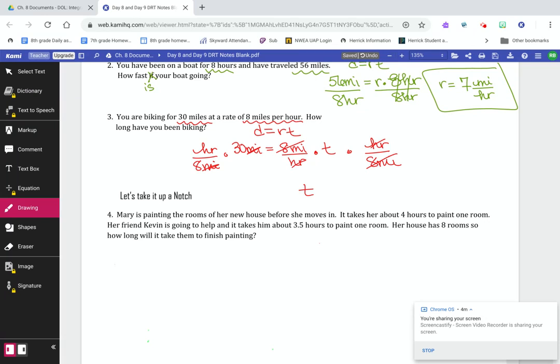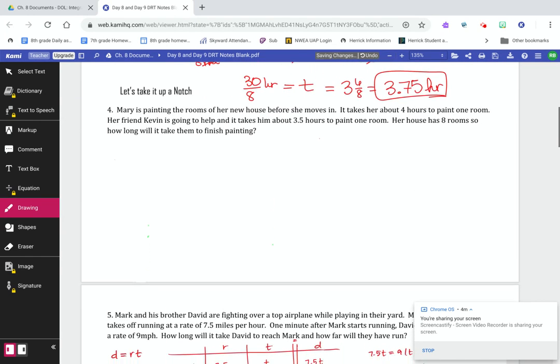And yes, essentially you are just taking 30, dividing by 8, and the units that are left are hours. So the time you have been biking, not the boat, you've been biking: 8 goes into 30 3 times, and you have 6/8 remaining. So 3 3/4 of an hour.